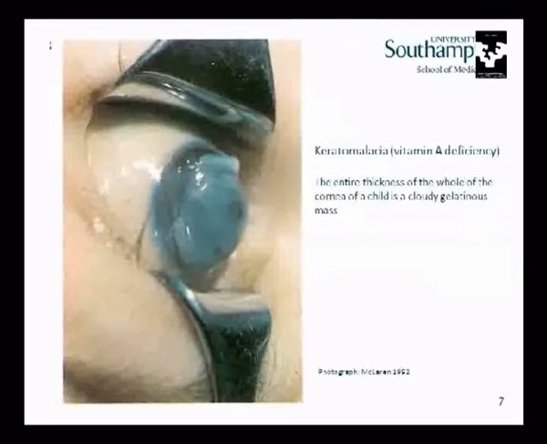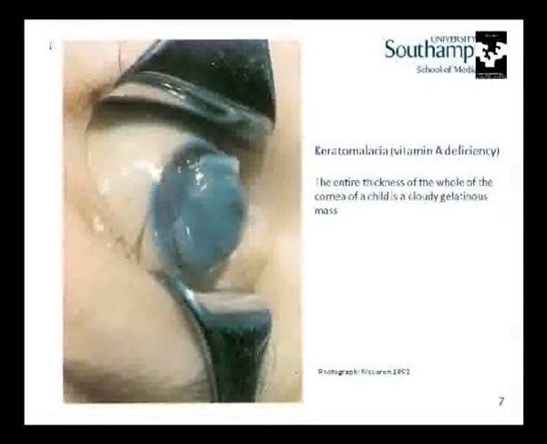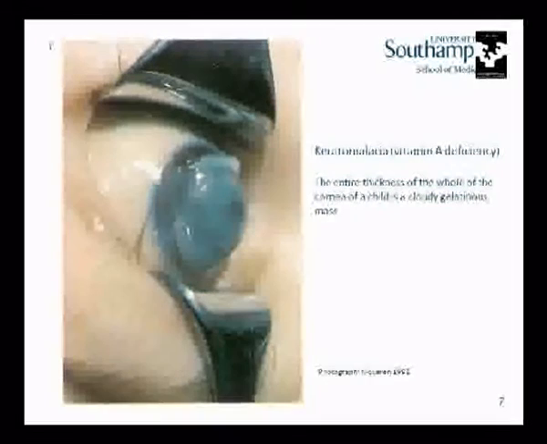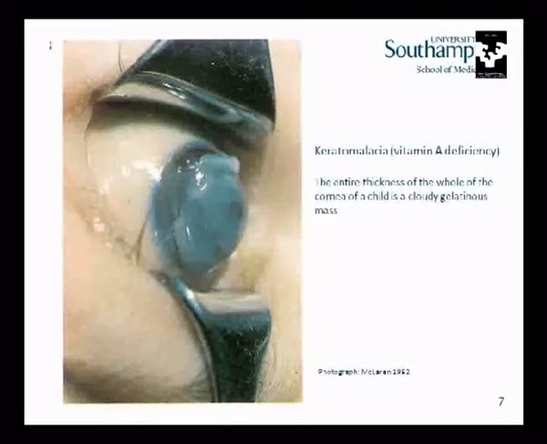And the worst outcome is, of course, keratomalacia, which is irreversible damage to an eye due to vitamin A deficiency. So obviously we don't want to get to that stage, because if we've got to that stage, it's pretty bad.